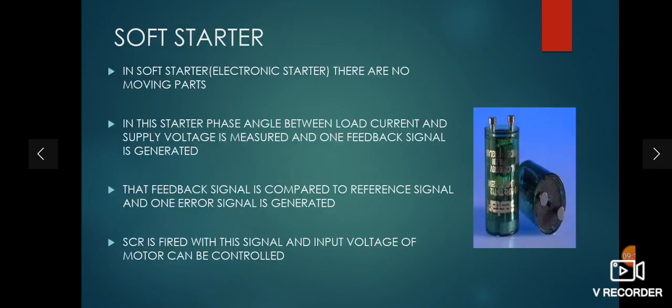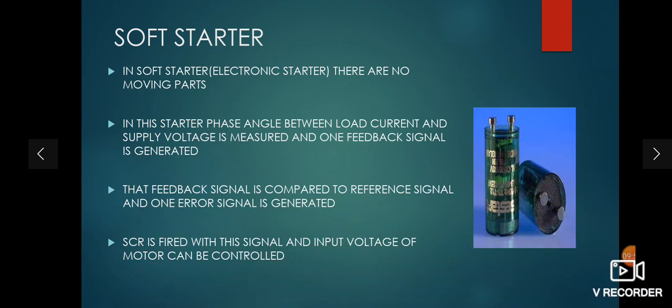Now what is the soft starter? Basically there are no moving parts in the soft starter. It compares the phase angle between the load current and the supplied voltage, and a feedback signal is generated. That feedback signal is compared to the reference signal, and after comparison, if an error signal is generated, that error signal acts as the gate signal for the SCR, and then the SCR output is given to the input of the motor.